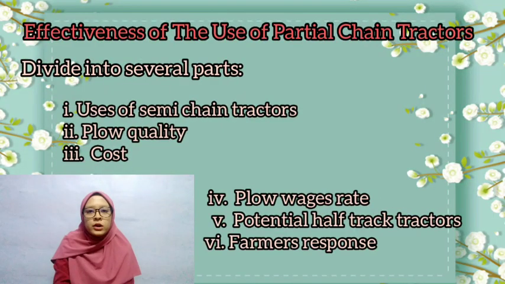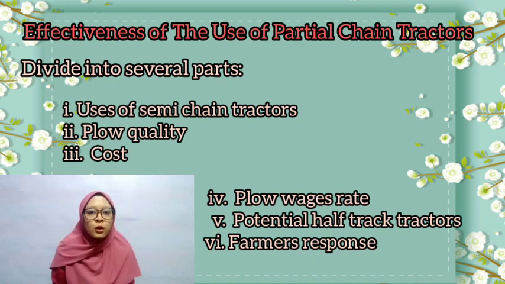The second thing that I want to talk about is the effectiveness of the use of a semi-chain tractor. It is divided into several parts, which are uses, plow quality, cost, plow wage rate, potential of the half-track tractor, and farmer response.